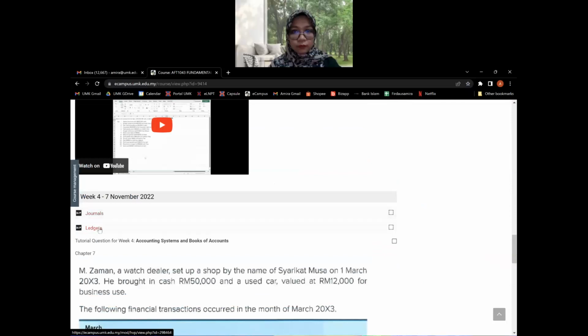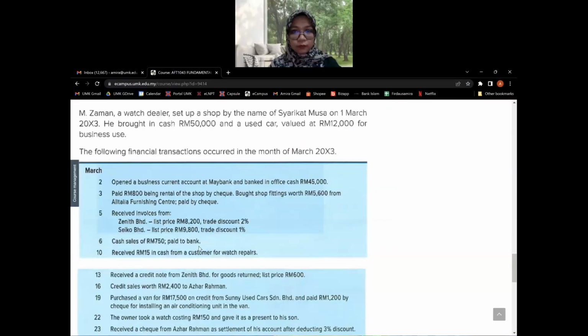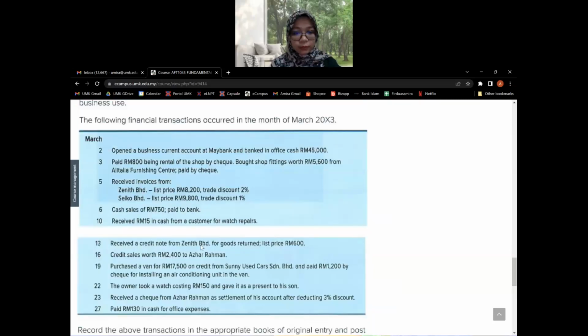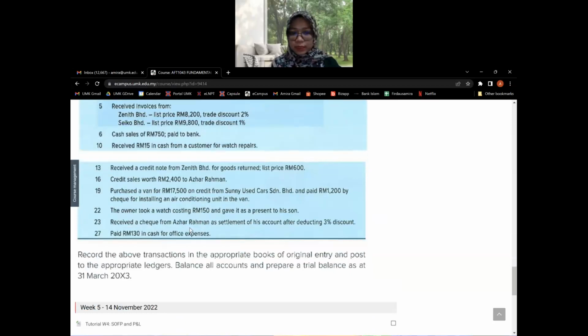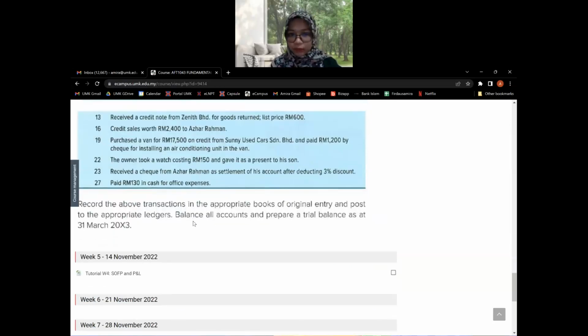You guys can attempt these two activities, which are what we discussed yesterday. As discussed yesterday, you don't need to record in the 7 types of journal, only the general journal. But for ledgers, you should open all the ledgers that are involved in your journal entry.